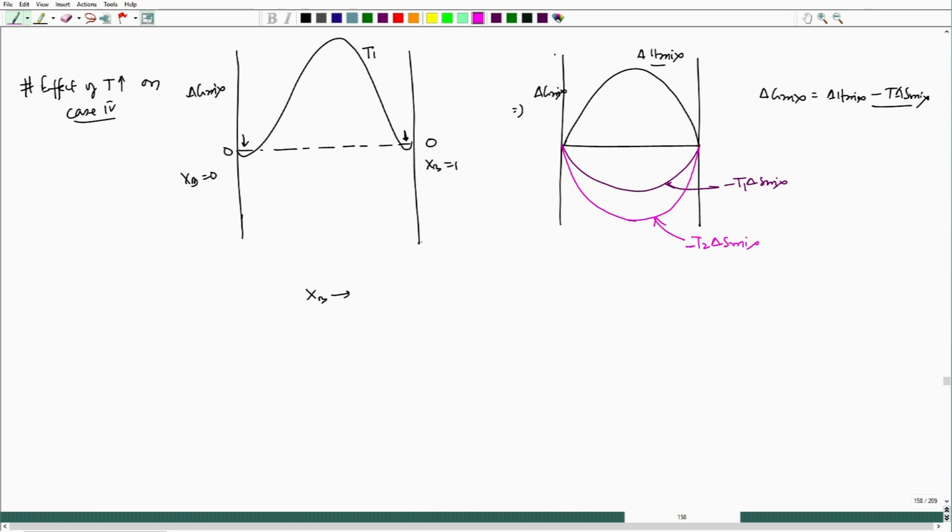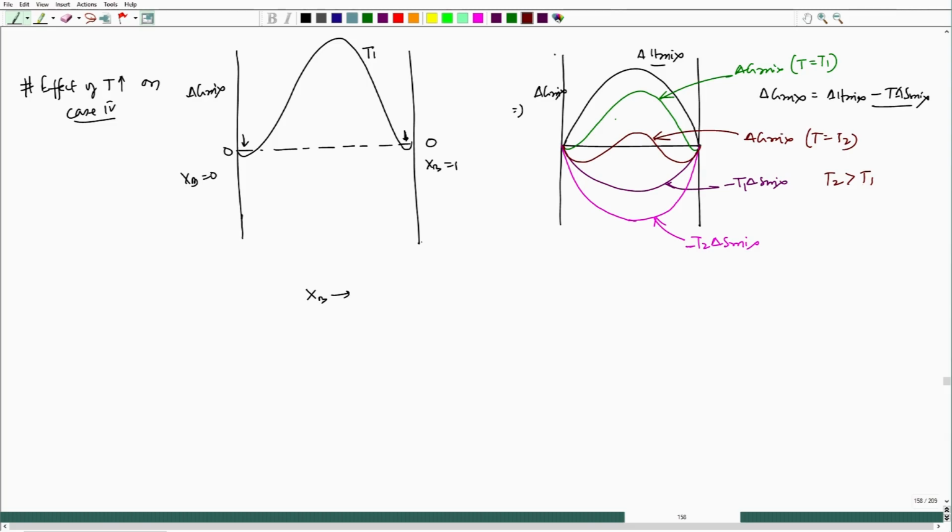So, now in the first case, my delta G mix plot would be like this, and in the second case the delta G mix plot would be like this. So, this is delta G mix at T equal to T 1, and this one is delta G mix at T equal to T 2, and T 2 is greater than T 1.